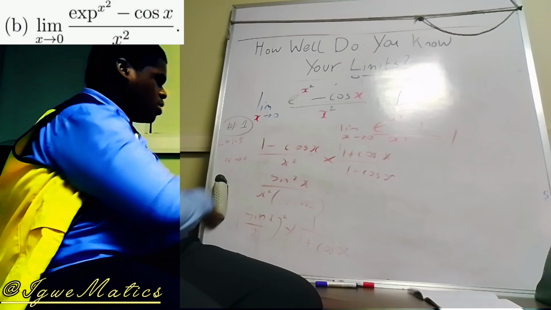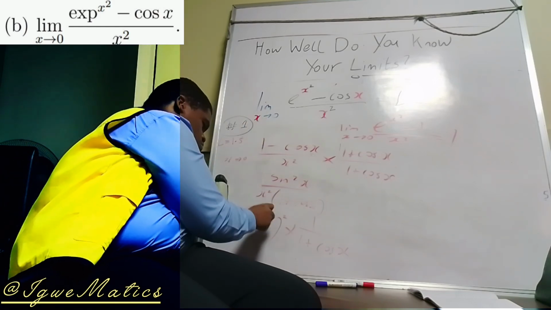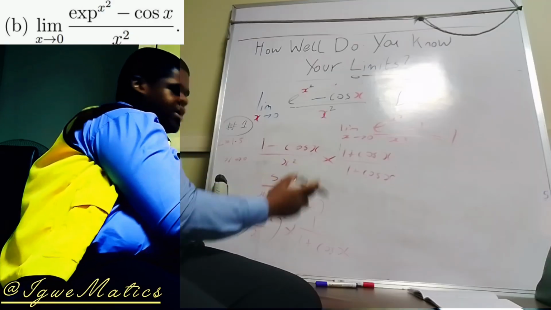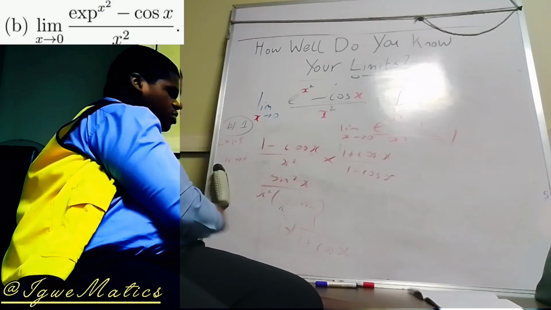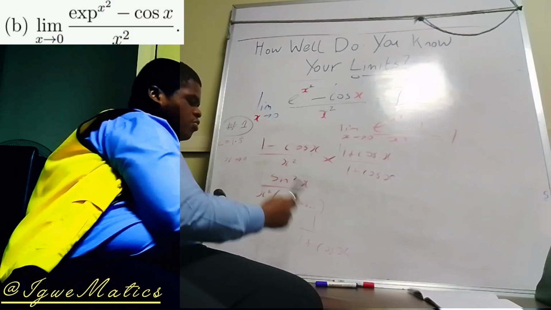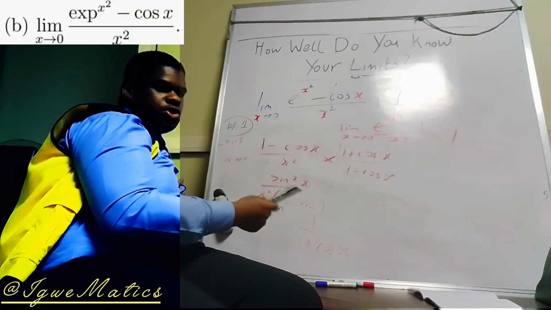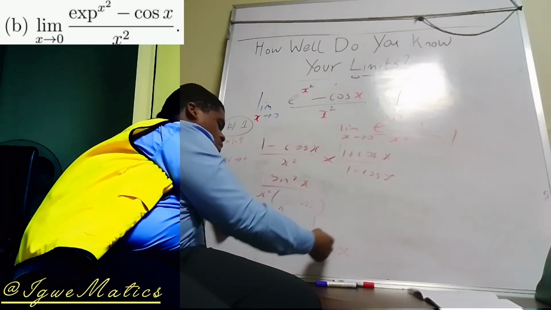As x tends to 0, sin x over x is equal to 1. And 1 squared is equal to what? 1. So we can cancel all this out. All we're left with is 1 divided by 1 plus cos x. As x tends to 0, cos x tends to 1, since cos 0 is equal to 1. And 1 plus 1 is equal to 2. So all we're left with is 1 over 2.